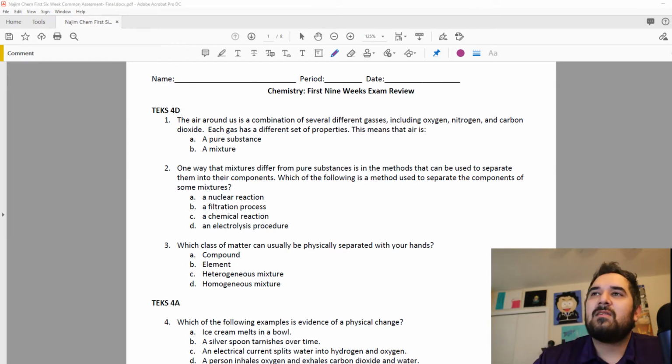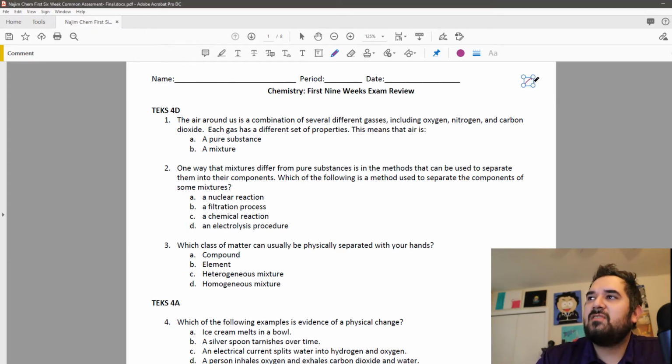Alright, so question number 1 says, the air is a combination of several different gases including oxygen, nitrogen, and carbon dioxide. Each gas has a different set of properties. That means the air is what? Is air a pure substance or a mixture? To be a pure substance, it could either be a compound or it could be an element.